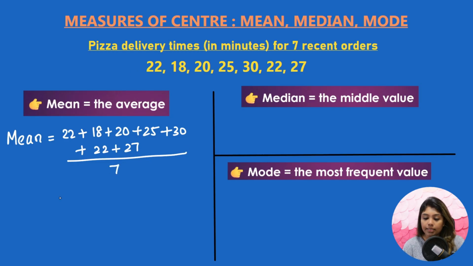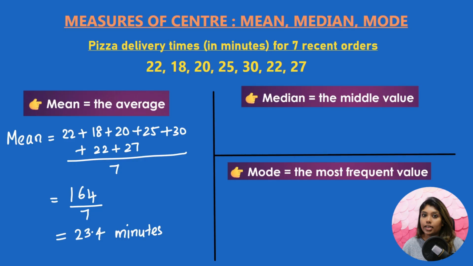The sum of these values is 164. We divide that by 7 and we get 23.4, which is in minutes. So this is the mean of the delivery time.